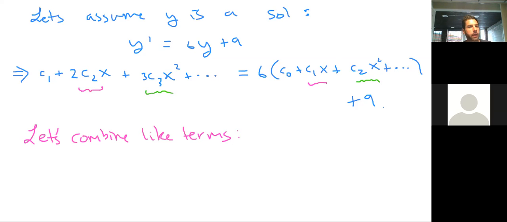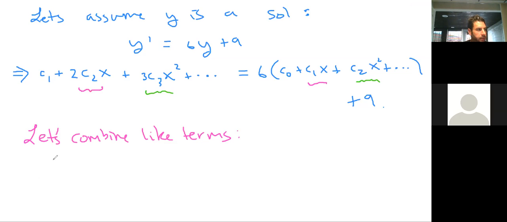In the following way. What I'm going to look at is the fact that on the left-hand side, I'm going to bring everything from the right-hand side to the left-hand side. So on the left-hand side, I have a c sub 1, but I also have a 6c sub 0 and a plus 9.